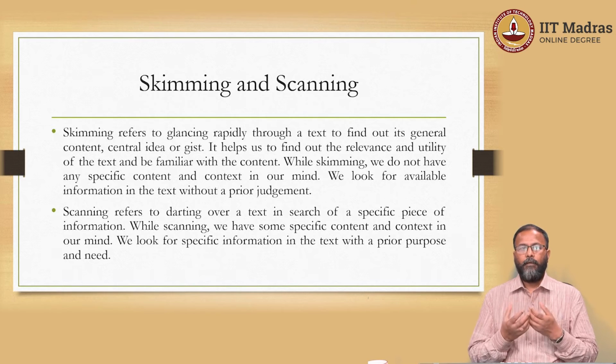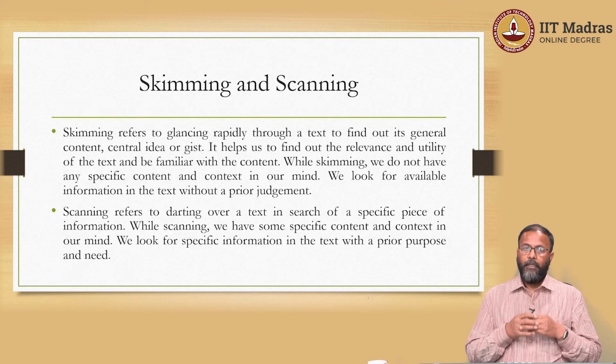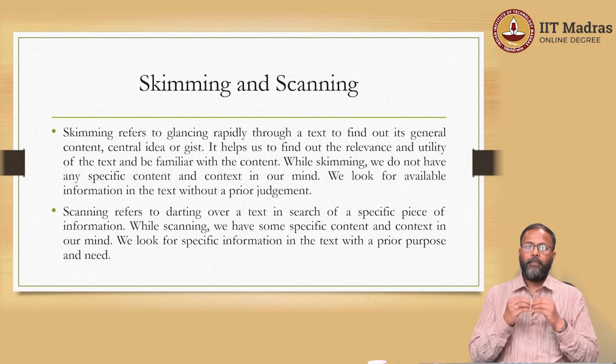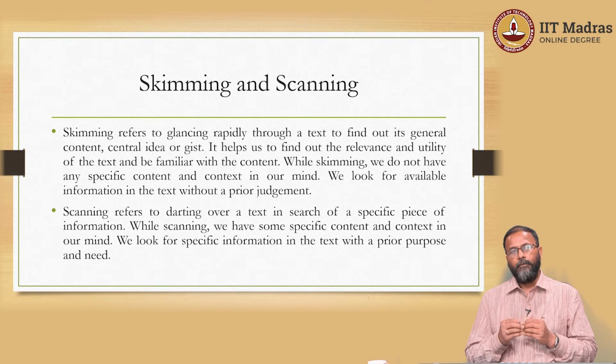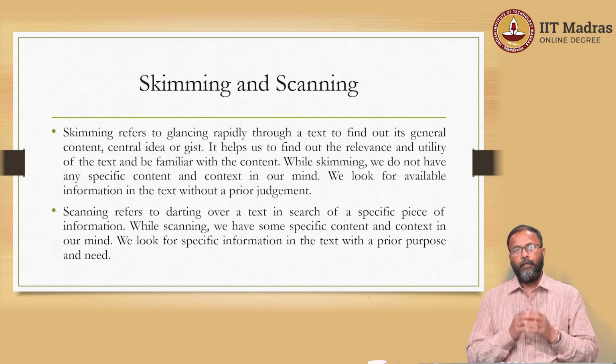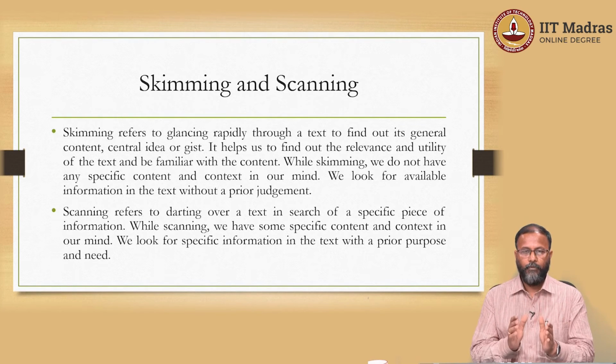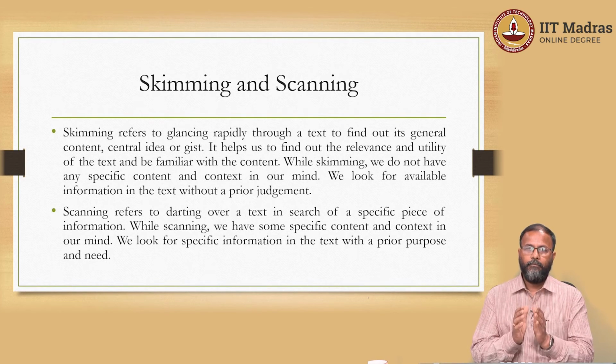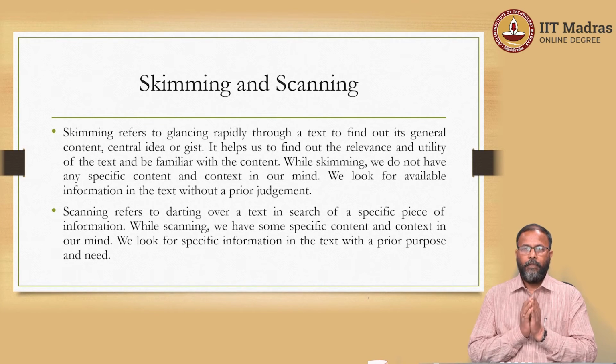So we do skimming. But if I have a particular idea and I want to find details of it, then I approach a text and look for that specific information, and I ignore the rest. I'm searching for particular information, and that is called scanning.